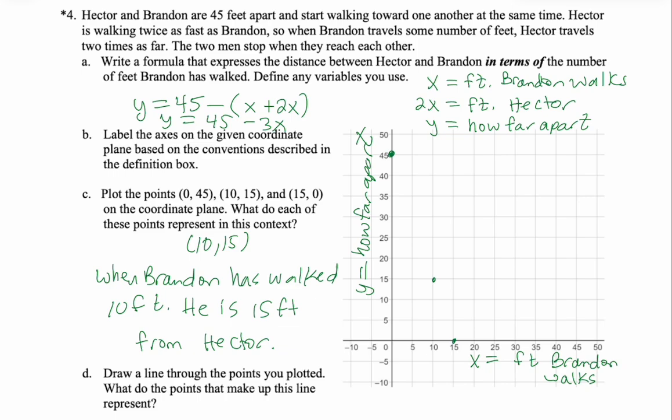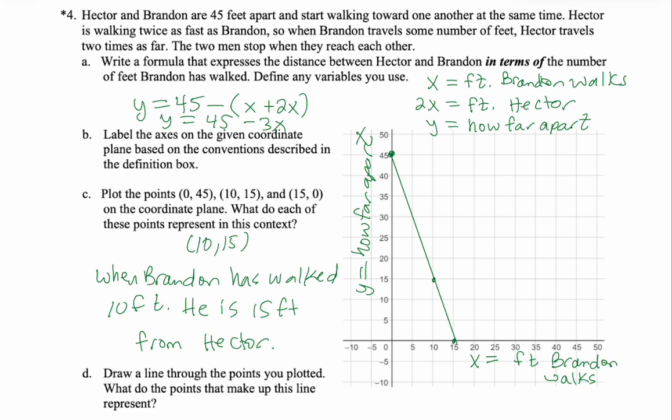Part D says to draw a line through the points you have connected. Let's do that. What do the points that make up this line represent? At any particular x, we can find out how far apart they still are. That's what it represents.